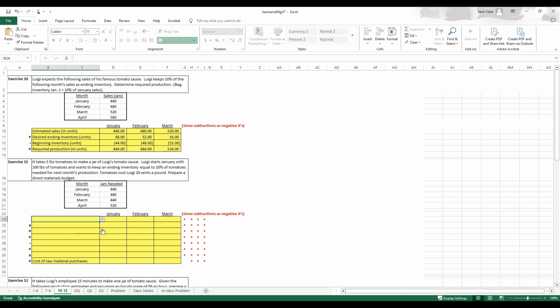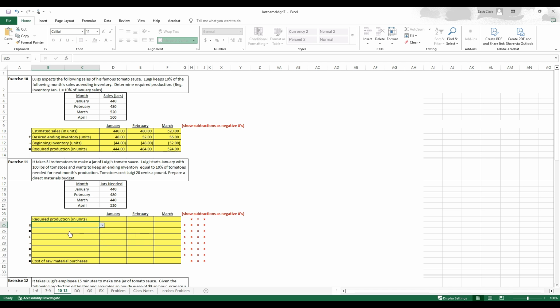So really what we're doing is this direct materials budget, as we note here. We need to know how many units we're going to produce. So we can take required production times the direct material cost per unit. Do we want to do per pound? I guess we want to do per pound. Oh, in pounds. So direct materials needed.